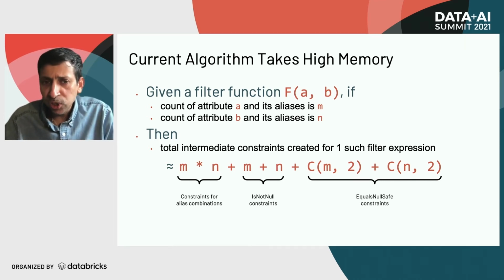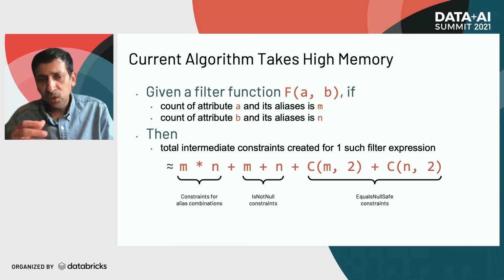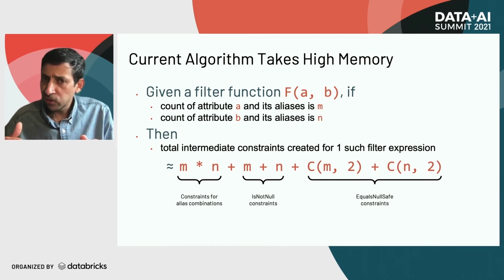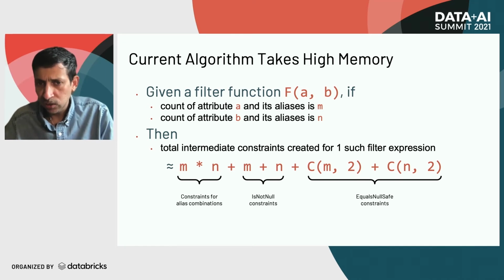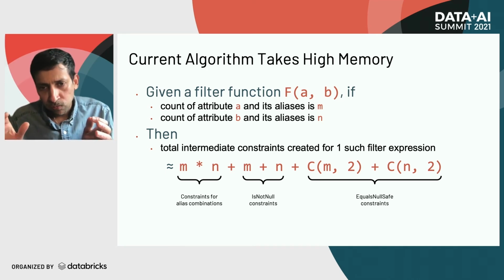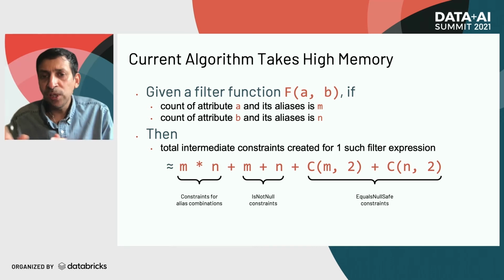The first term, m into n, corresponds to the total number of constraints generated for filter FAB for each of its aliases. The m plus n terms refers to the total number of is not null constraints generated for all the aliases. And MC2 and NC2 are the total number of constraints generated for equal null safe, which establishes the equality among various aliases.